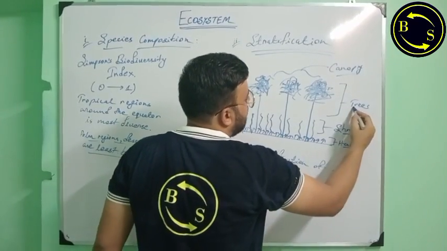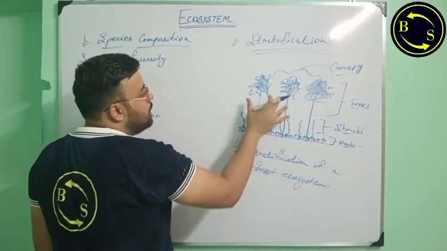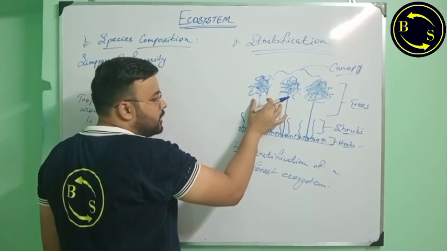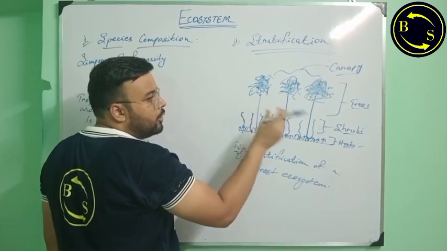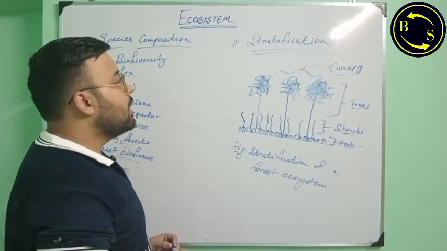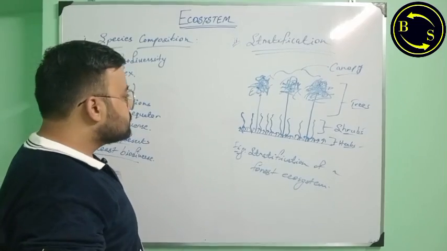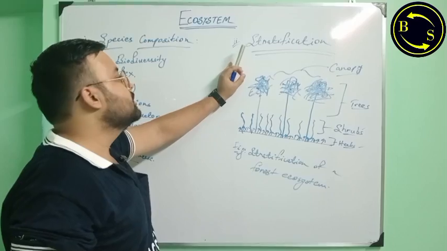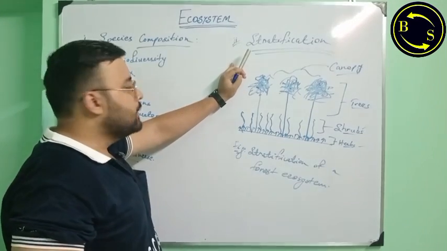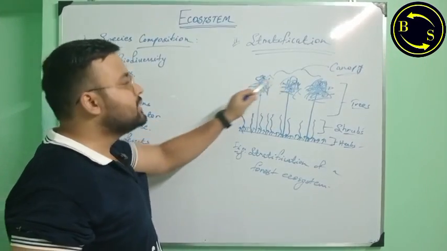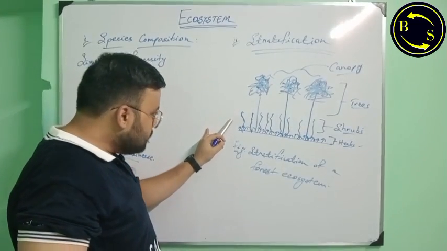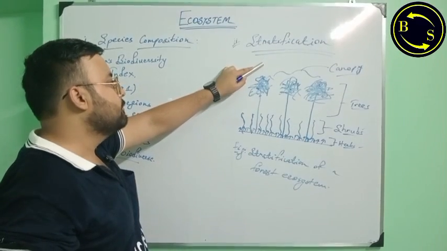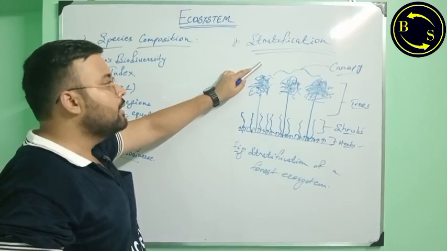Some animals are completely restricted to the tree region and the canopy region. They live on the trees or inside the tree trunk, the hollow regions of the tree trunk, and there are many animals like hoolock gibbons, like hornbills, like toucans, lot of animals that spend their entire life on the forest canopy. They do not go down to the shrub or the herb layer. They spend their entire life from the moment they are born till they die in the canopy layer.